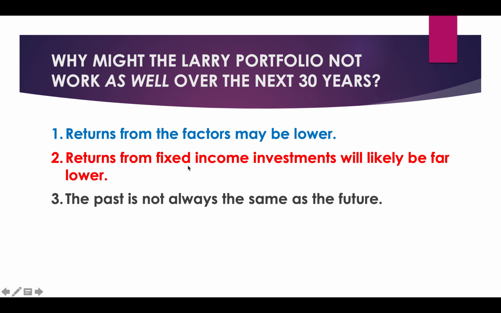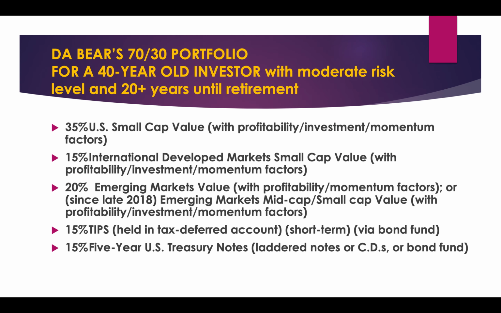Also, the returns from fixed income investments are going to be a lot lower in the future. The Larry portfolio, when it was studied, was in a declining interest rate environment for the most part, and the result is bonds did extremely well in terms of their prices. We also know the past is not always the same as the future.